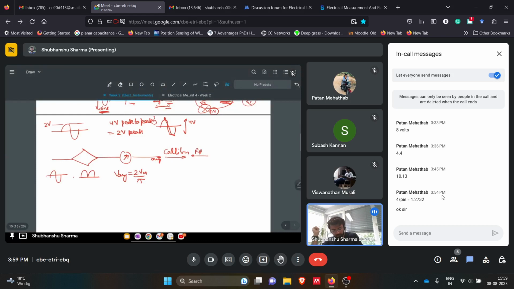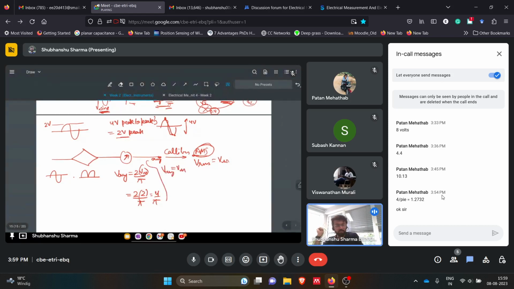We have an RMS value, but this RMS value is based on the RMS of the square wave. We have the Vm value, 2, and 2 by 4, this is 4 by pi. But in the case of a square wave, what is V average? V average equals Vm.